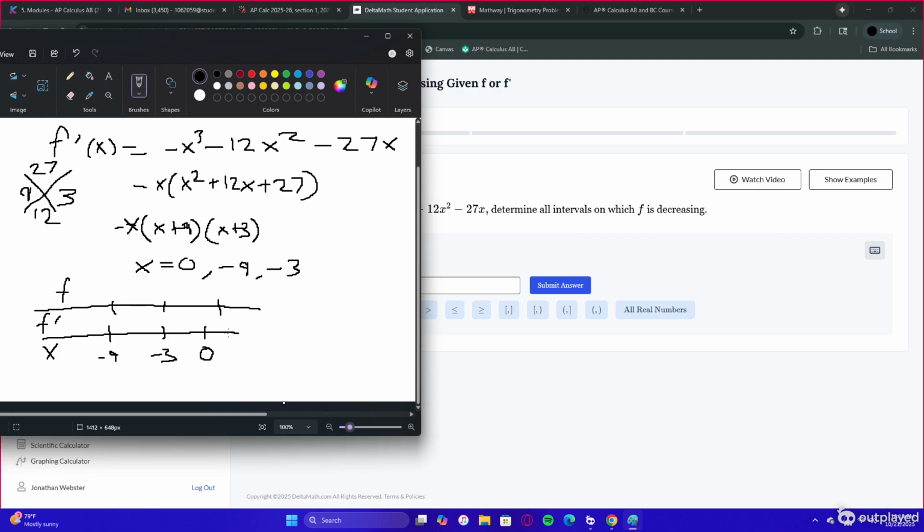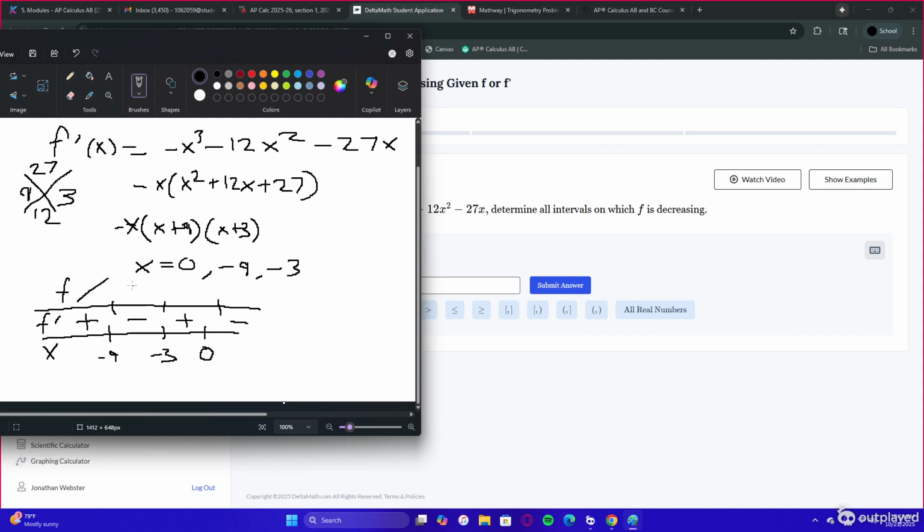Plugging in a value less than negative 9, you'd get a positive value. Then from negative 9 to negative 3, if you plug in something like negative 6, you'd get a negative value. Then from here to here, if you plug in something like negative 2, you get positive again. And then after 0, it would be negative.